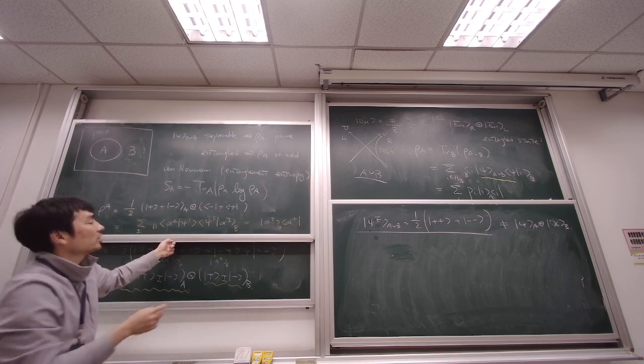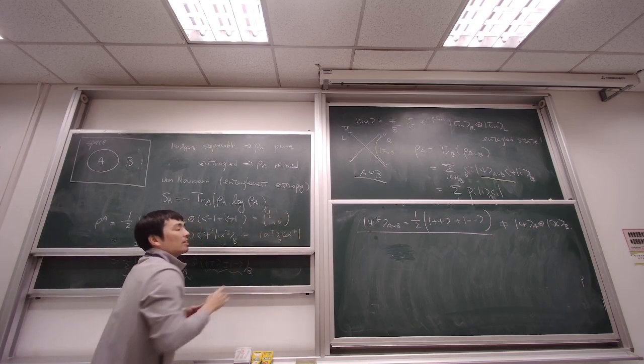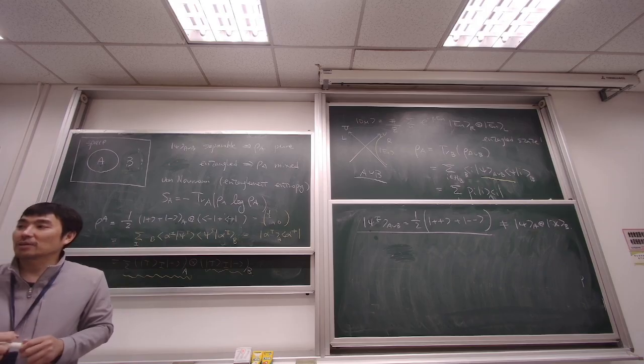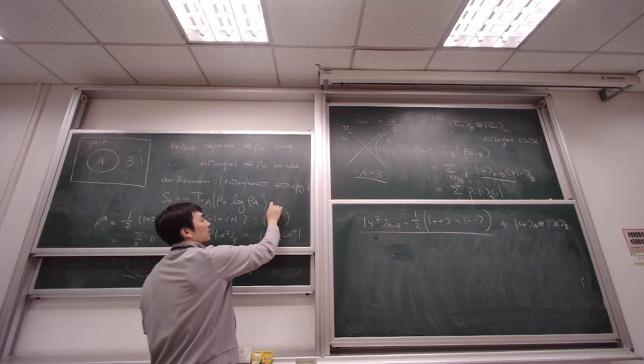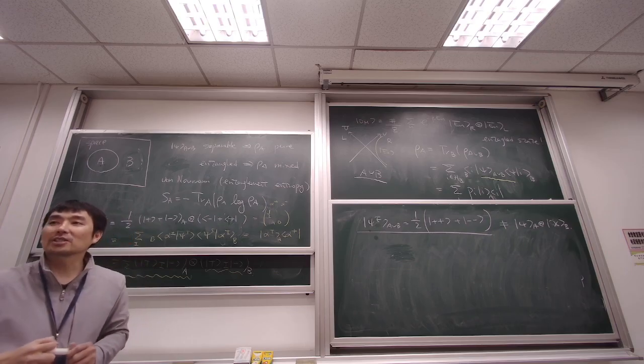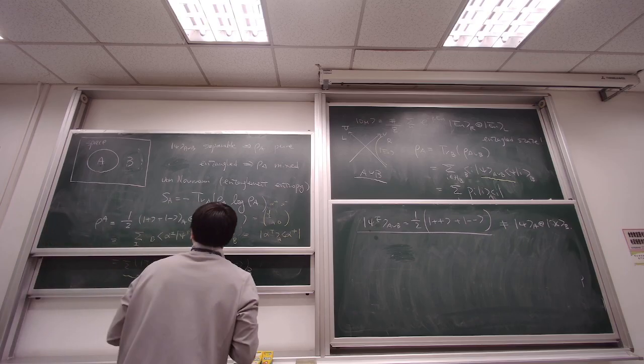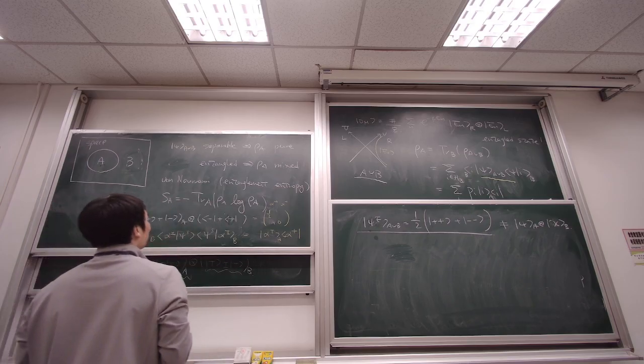As a matrix, this can be written as 1/2, 0, in the alpha plus basis and alpha minus basis. But I think I want to have a 1 instead of 1/2.